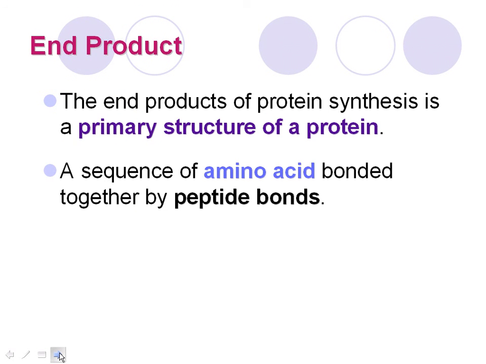So what have we done? We've taken a sequence of amino acids and joined them together by peptide bonds in order to produce that primary structure of a protein. And in the next video that's coming up, you'll see that some of the interactions that take place within that primary structure, especially the side chains, will lead us into secondary structure, and then finally into tertiary structure.